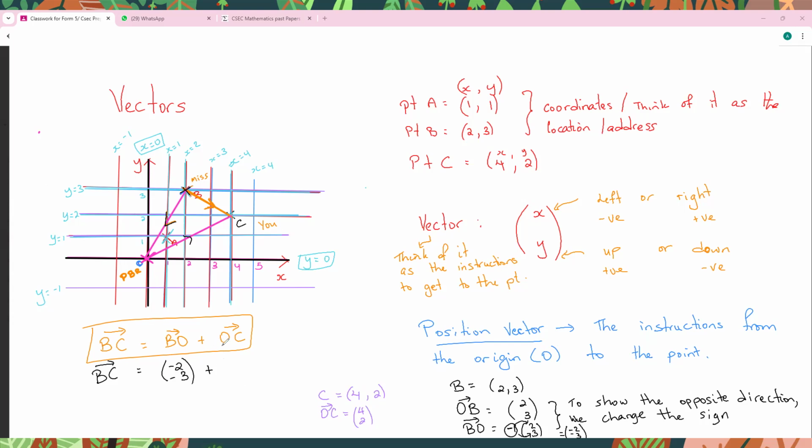Now we're moving in the same direction from O to C, so it will remain the same. The only reason why we change the sign is because I'm reversing. I'm moving from my house to the bus route, which is the opposite direction.